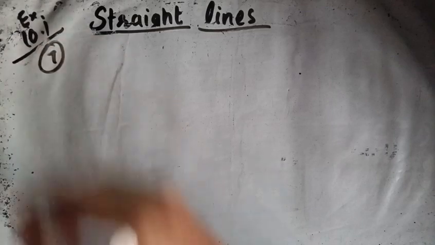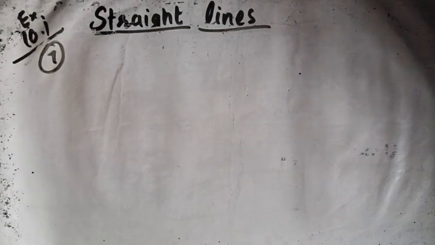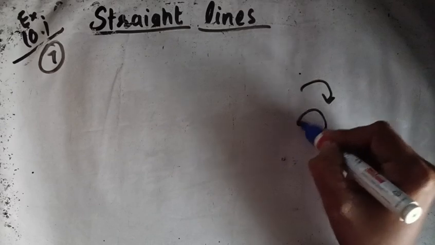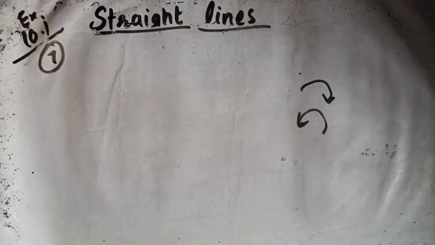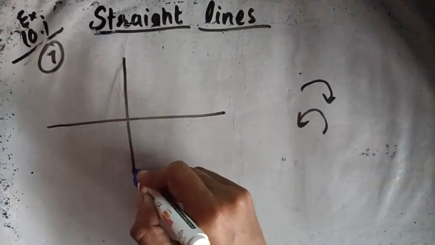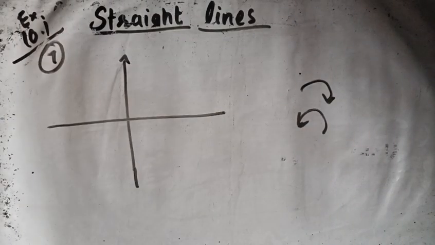Question 7. Find the slope of the line which makes an angle of 30 degree with the positive direction of y-axis measured anti-clockwise. Okay. Now this is clockwise, this is anti-clockwise. So it is making an angle of 30° with the y-axis.